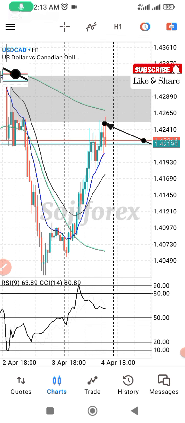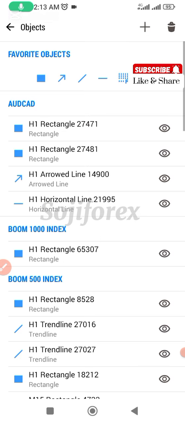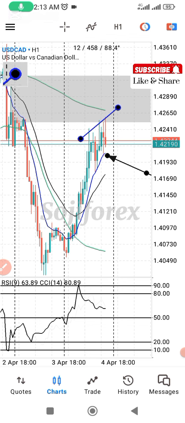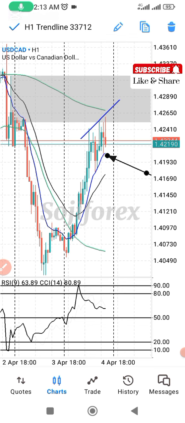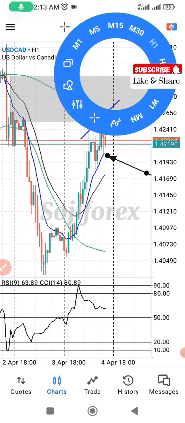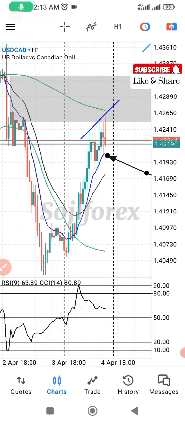Rejection. You can see this hammer, and if you look at it, we are having a divergence even on this 1 hour time frame. So this is a divergence. And in all of this you can see our relationship of price to our RSI.